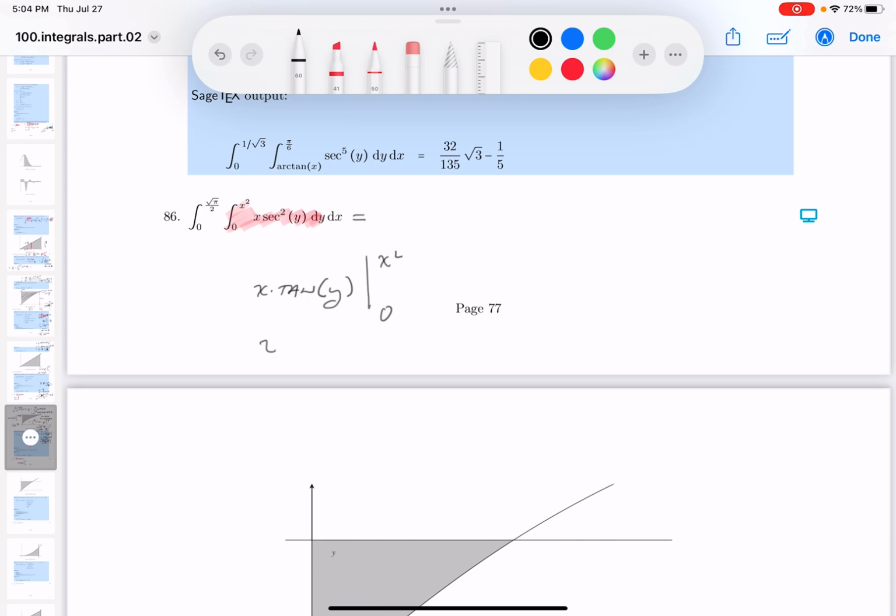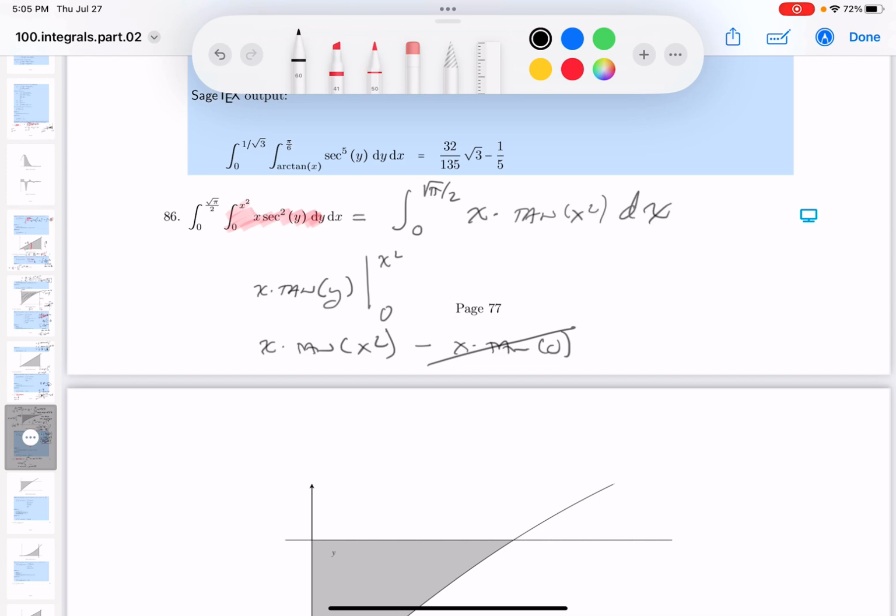So it's going to be x times tangent x squared. That's not so bad. Minus x times the tangent of 0. Relatively simple. Let's write that down. So you get the integral from 0 to root pi over 2. This thing disappears, and you're left with x times the tangent of x squared dx.